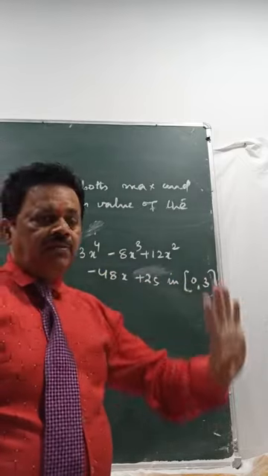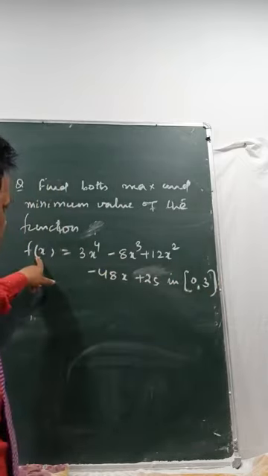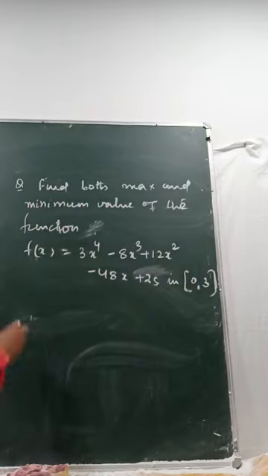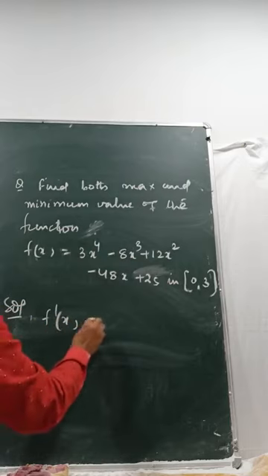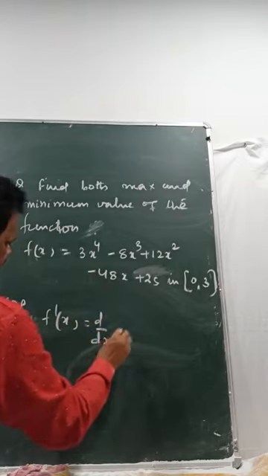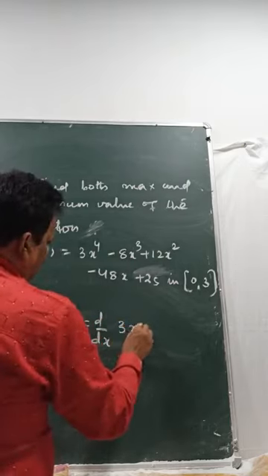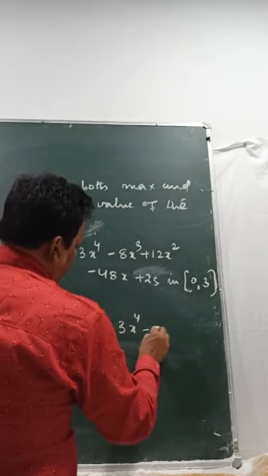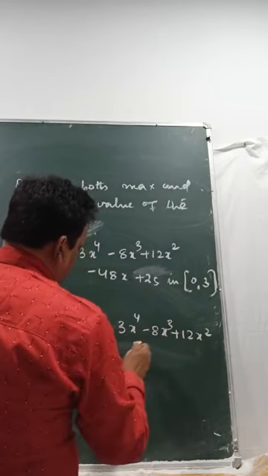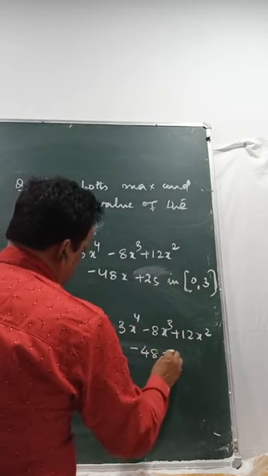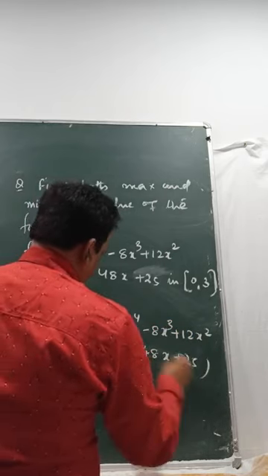What are the steps? Find f dash x, put it equal to 0. So, what is your f dash x? Now, derivative of 3x to the power 4 minus 8x cube plus 12x square minus 48x plus 25.